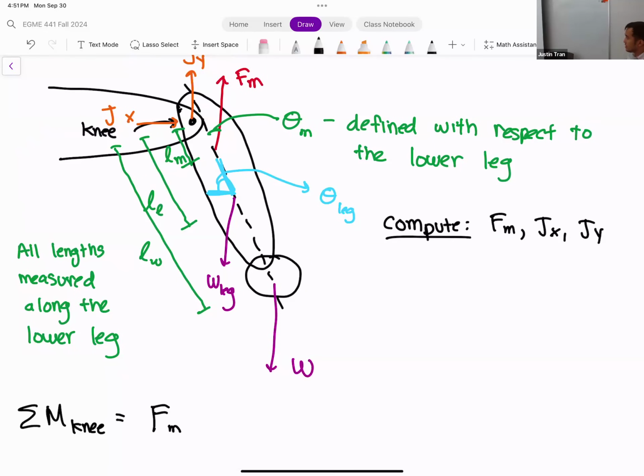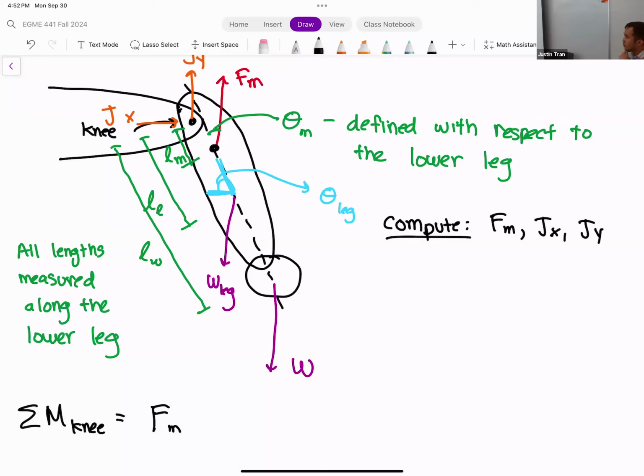So, this setup here is more traditional, right? To compute a moment, we need two things: the component of the force that's driving the moment, and the moment arm for that respective force. If we look at this force right here, this Fm attaches directly onto the line that's given to us from the lower leg.